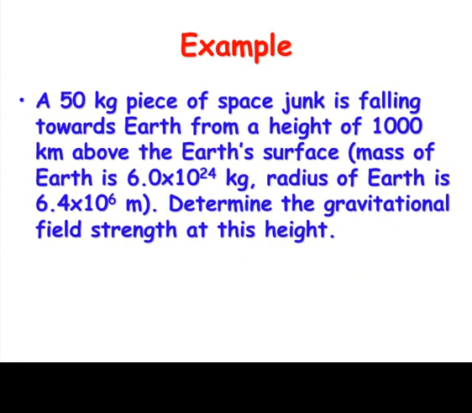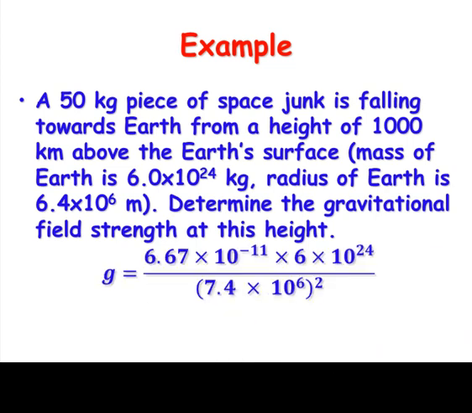Okay, second example, we've got a 50 kilogram piece of garbage. It's at a height of 1,000 kilometers above the Earth's surface. We're given the mass of the Earth and the radius of the Earth. Determine the gravitational field strength at this height. So here we've got g equal to 6.67 times 10 to the negative 11 times the mass of the Earth, 6 times 10 to the 24, over 7.4 times 10 to the 6 squared.